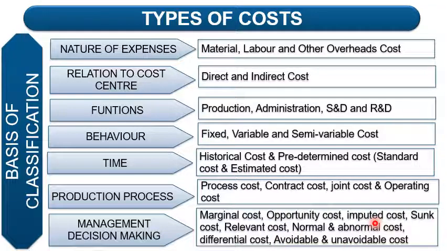Now the next one is the imputed cost. The imputed cost is a hypothetical cost which does not involve a cash payment. It is a cost based on decision making. For example, you have 1 lakh rupees in your hand. There are many ways to invest such money.